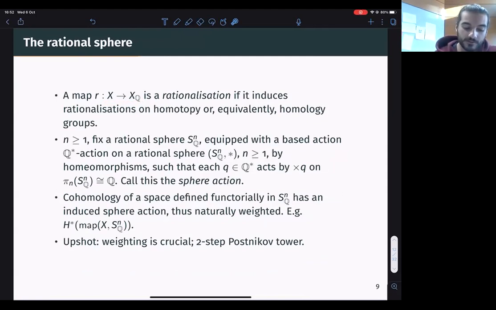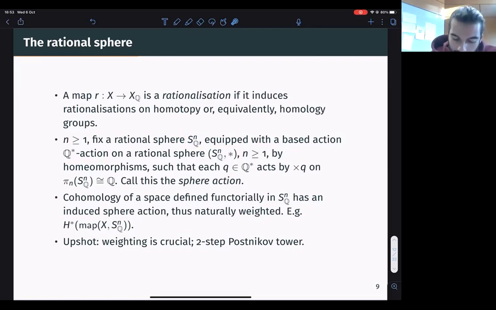I want to fix a rational sphere for every n, equipped with a based action of Q star, so that Q star acts by degree, and it acts by homeomorphisms. This can be done.